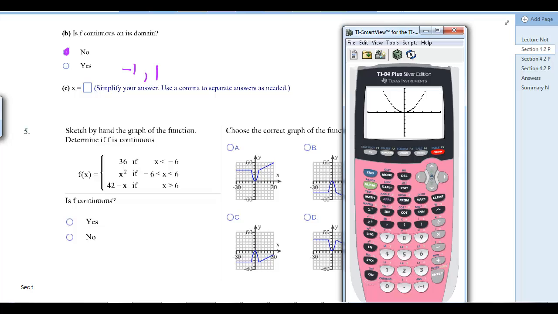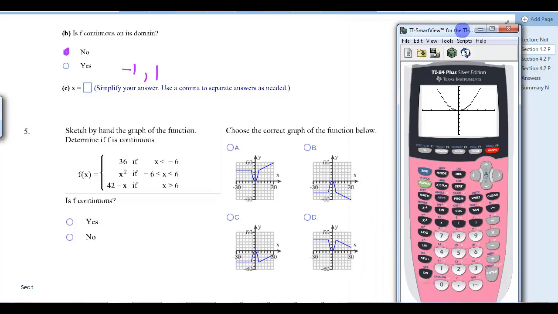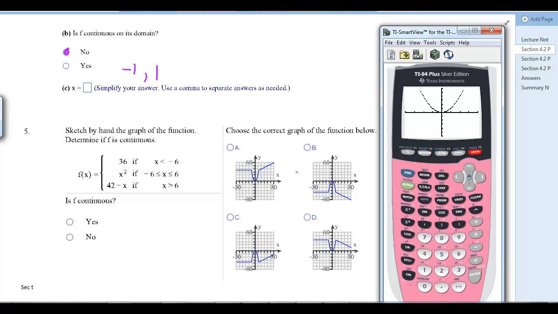All right, that definitely does not match anything that I've got. It seems like I'm getting parts of something. Remember, we have to change the window. So let's go to our window, and our x-min is -30. Our x-max is 30. I think the scale is 5 on this one.